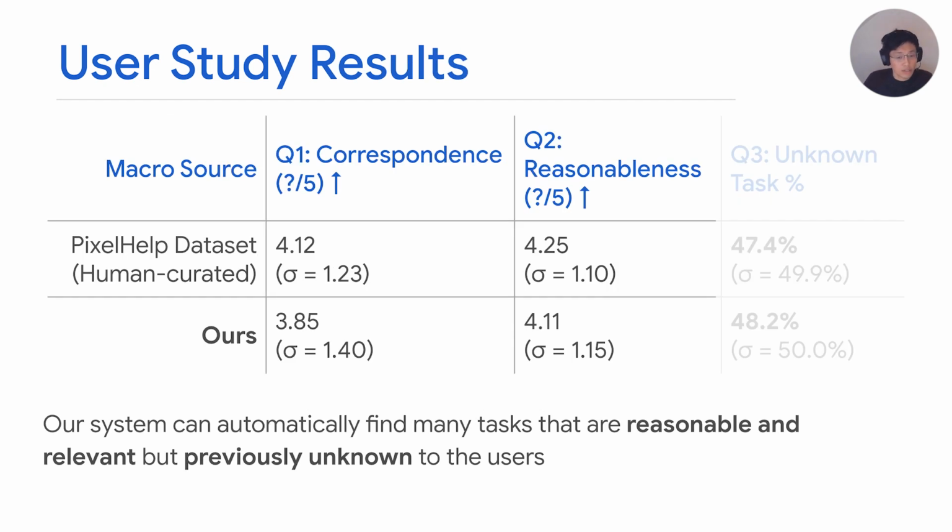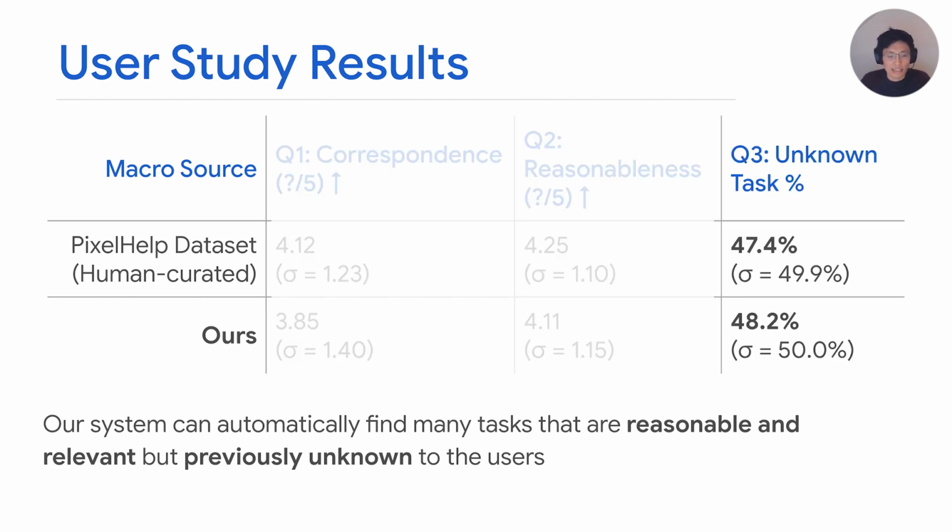Our user study shows that while our system did not outperform human-curated tasks for both correspondence and reasonableness scores, both of the scores achieved by our system actually approach pretty closely the ones attained by human-curated tasks. Moreover, over 70% of our macros also have a rating of 4 or above out of 5 for both correspondence and reasonableness scores, showcasing our system's ability to find tasks that are reasonable and relevant automatically.